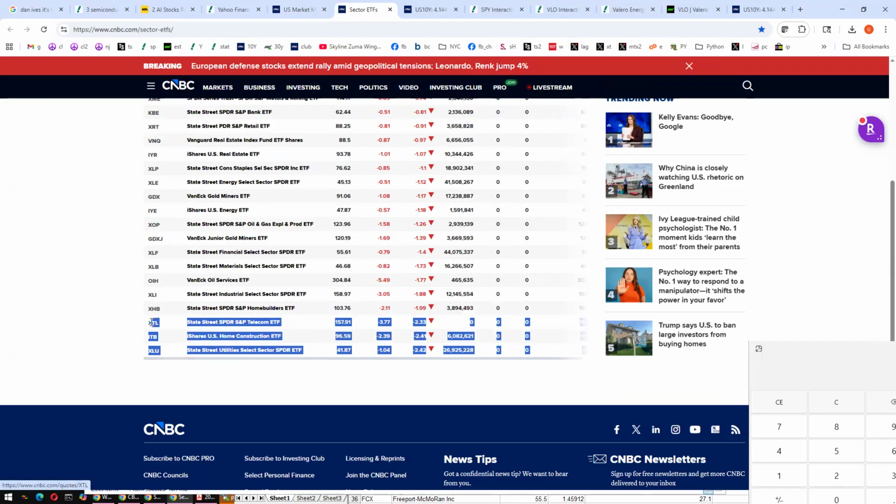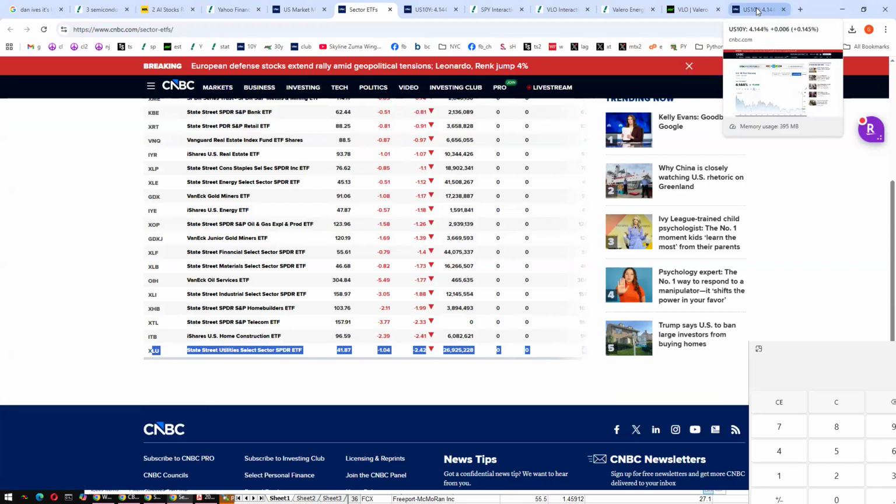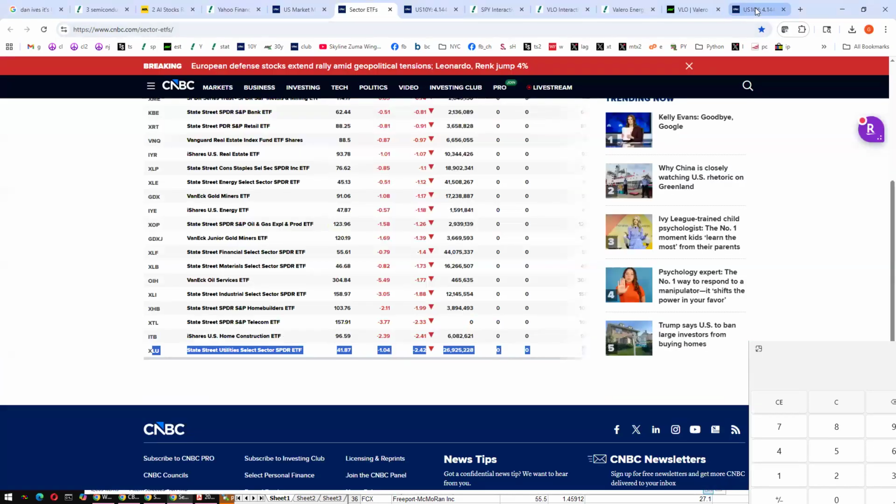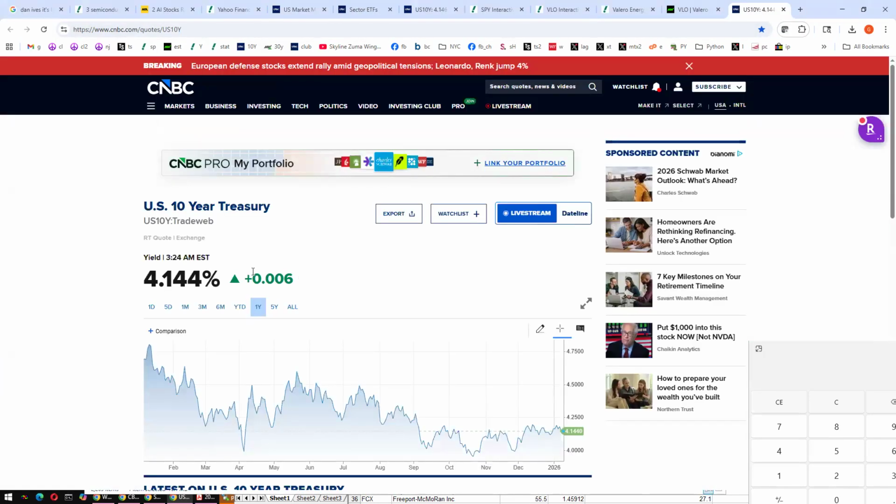It makes telecom companies that pay a dividend less desirable, and it makes utilities that pay dividends less desirable. So I guess the rise in the yield of the 10-year actually affected those sectors.